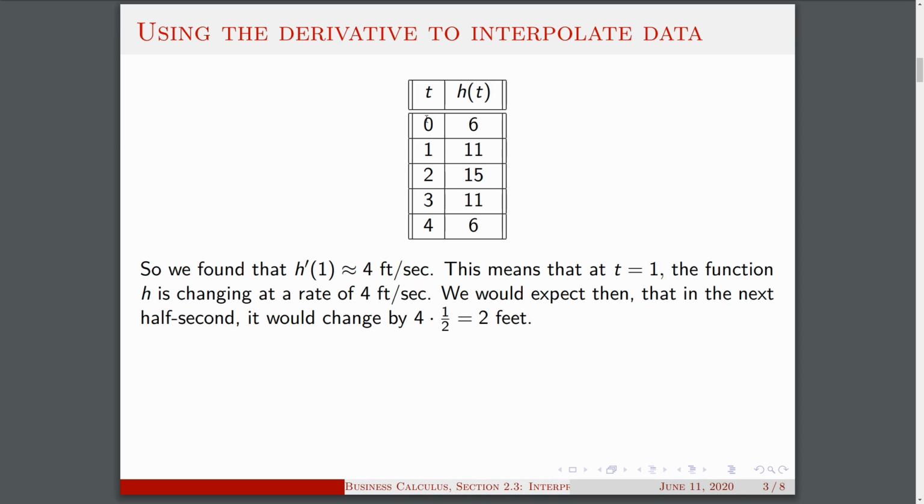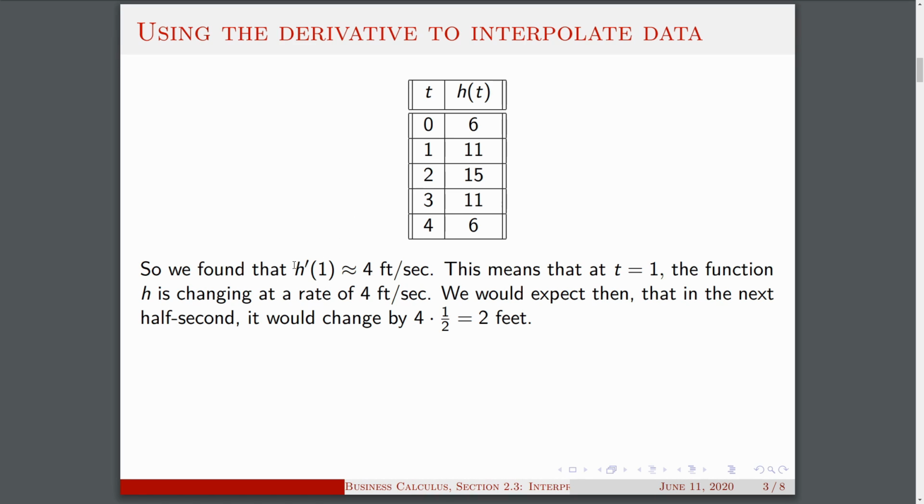For example, on this table we have function values for x values that are basically whole numbers, 0, 1, 2, 3, and 4. But what about 1.5, 1.25, whatever? We don't have those. But we have a good way to estimate what that would be. So let's do that.